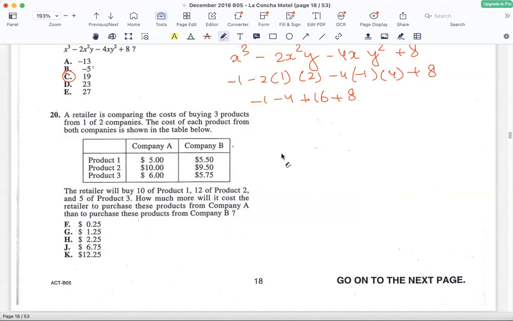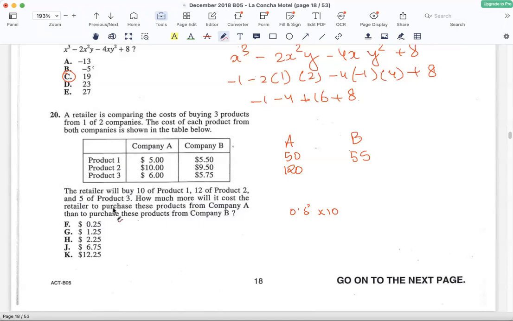So that would be 50 for A and 55 for B. 12 of product 2, so 120 and 12 into 9.5. So actually, I don't have to calculate the totals. I just need to calculate the difference. So here the difference is 0.5 into 10.